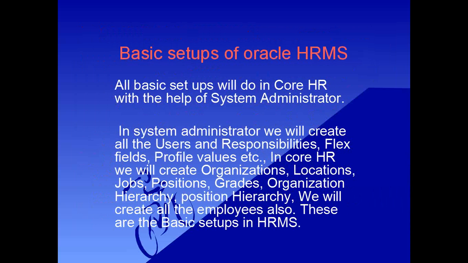You can understand grade like this: for someone like VP it is the first grade, manager is the second grade employee, software engineer is the third grade employee. Like that grades are there. In each and every company, either in government sector or private sector, they have their grades. So we can use it for both job and position.